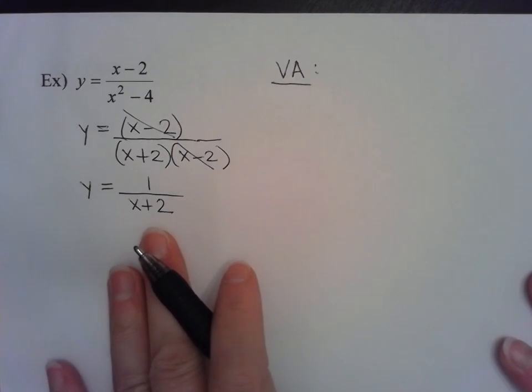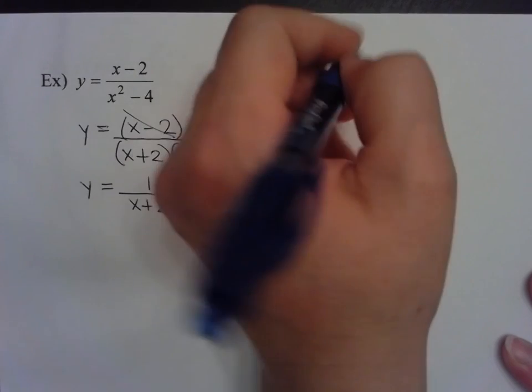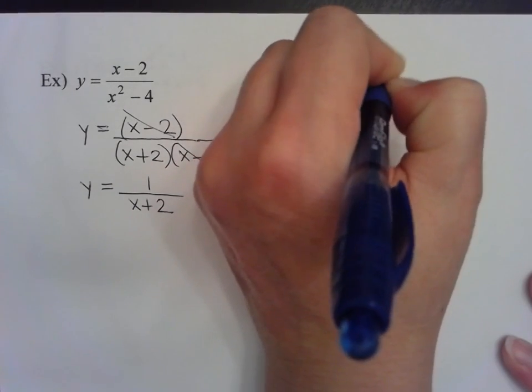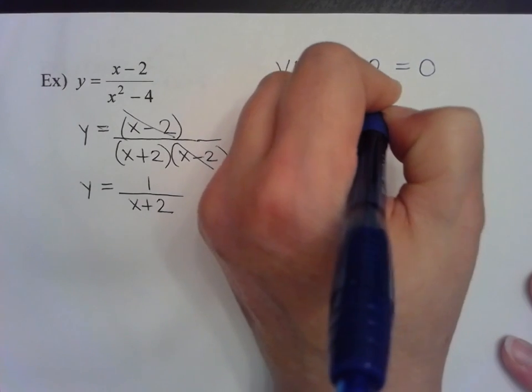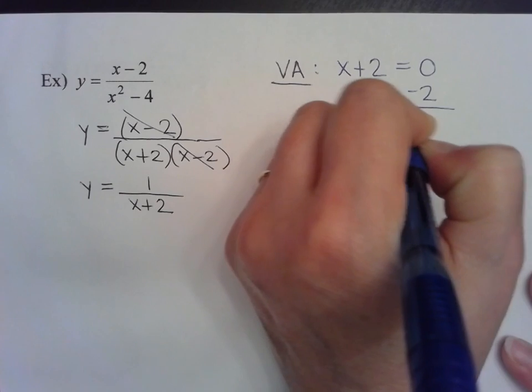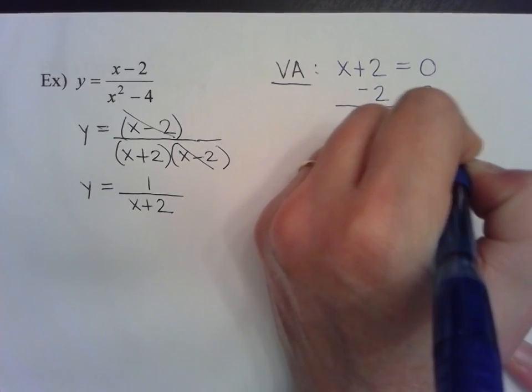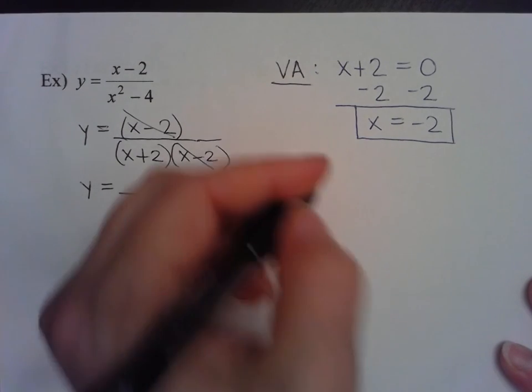Then we're going to set the denominator equal to 0. Our denominator here is x plus 2. Set that equal to 0. So I have a vertical asymptote at x equals -2. I'll draw that into my graph in just a second.